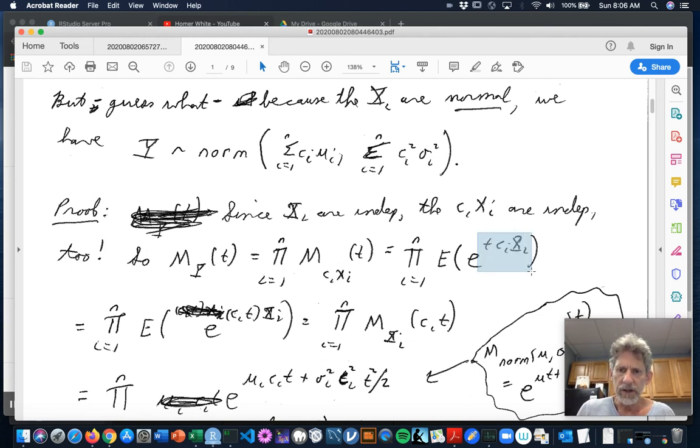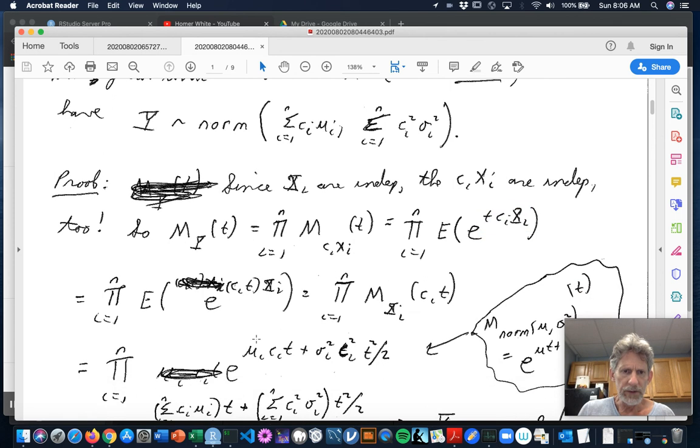And I stare at this product and regroup a tiny bit, by commutativity and associativity of multiplication. And I'm looking exactly at the definition for the moment generating function of Xi, but applied to cit.